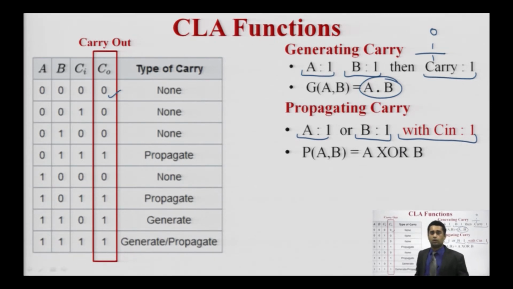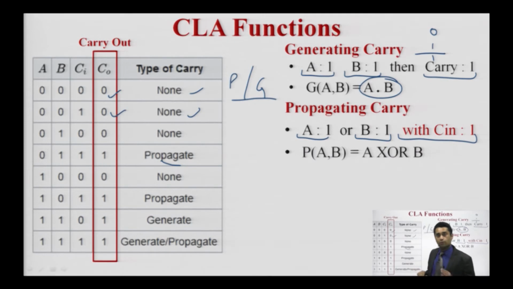The delay is not from the sum part. So I have separated sum and carry, and here we are only focusing on the carry. So this carry is 0. In this case, either A or B should be 1, but both are 0. So no carry is propagated or generated. None of the operation is performed from this propagation and generation. Our focus is on propagation, meaning propagating a carry, and generation of a new carry.